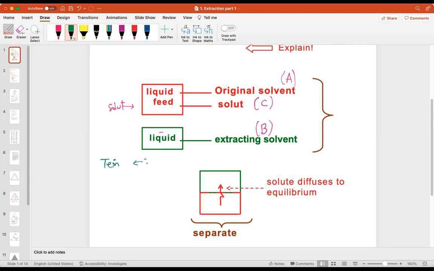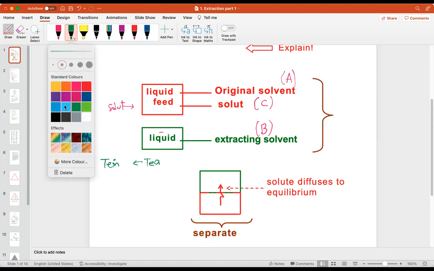Maybe you want to have a look at the YouTube videos, or your laboratory videos, about how to extract theine. It looks like caffeine from coffee, but it is theine from tea.